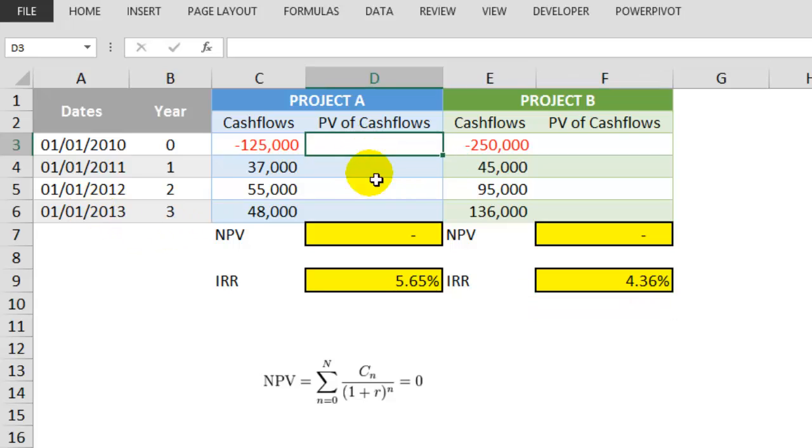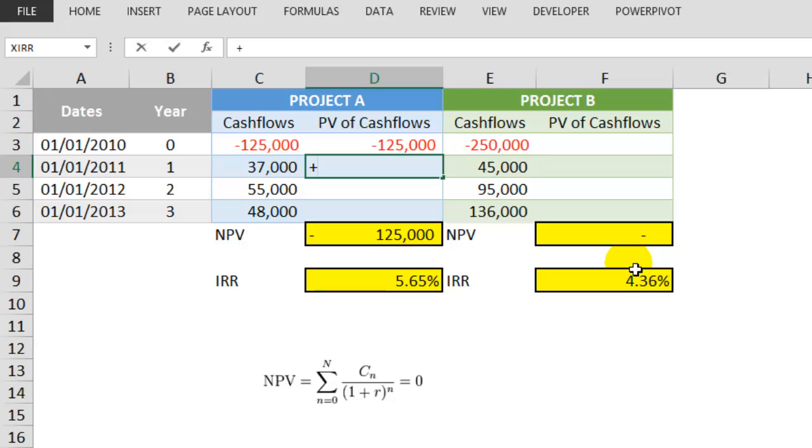Now we want to check whether the net present value of all these cash flows using this rate comes to 0 or not. So for the first one, we'll take the value directly as it is from year 0.